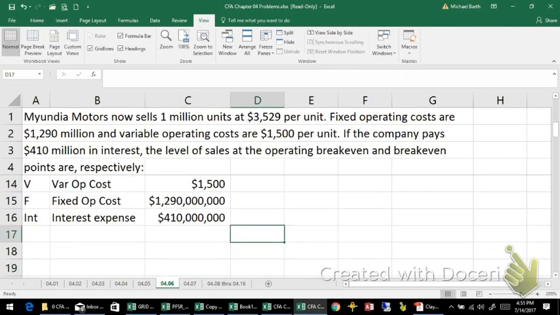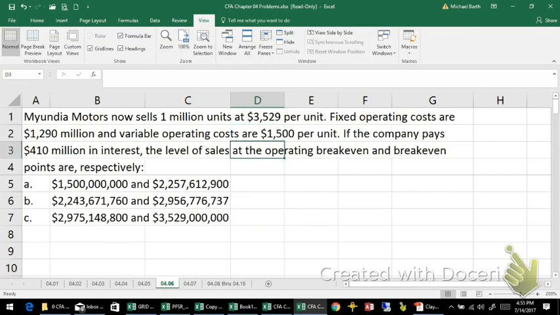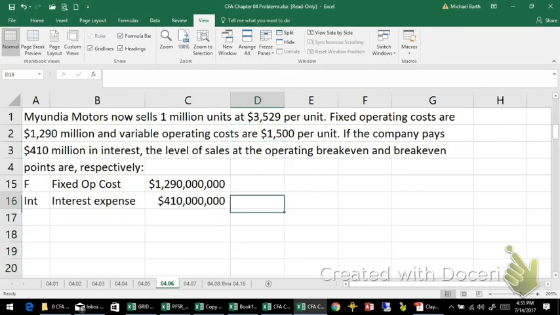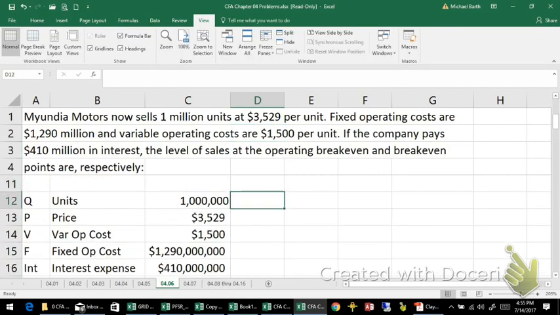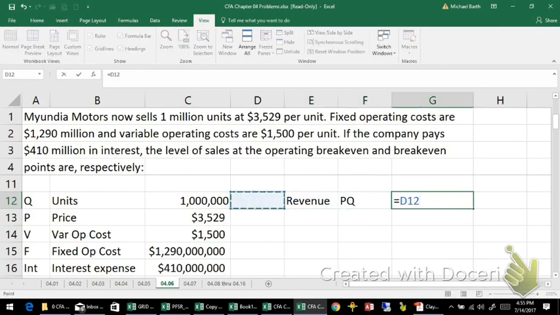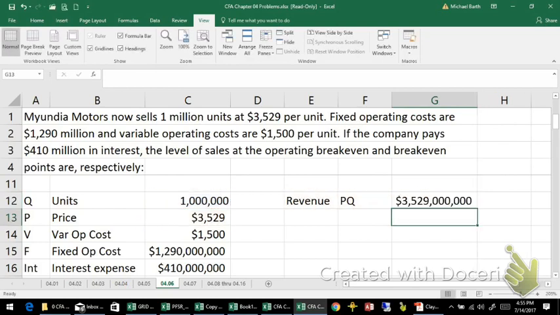All right, so given this information, we can actually reconstruct an income statement. Revenue, which would be PQ, is equal to the number of units sold times the price. So revenue is $3.5 billion.